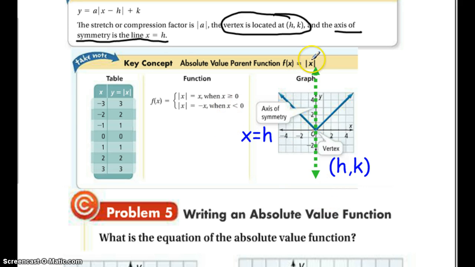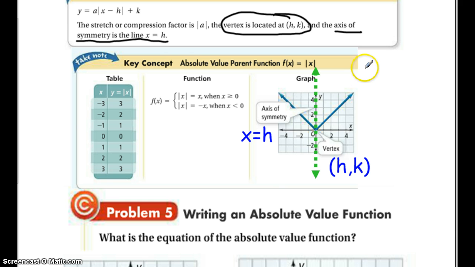Here's an example. Just the parent function, y equals absolute value of x. h, k is going to be our 0, 0 point, because really that's going to be plus or minus 0 plus 0. That's the vertex right there. And the axis of symmetry is just the line x equaling the value of h. Here's another example.